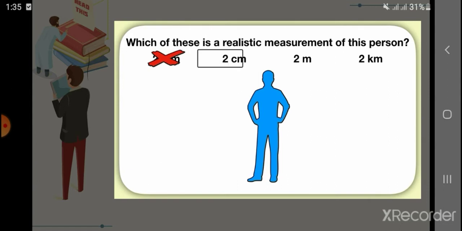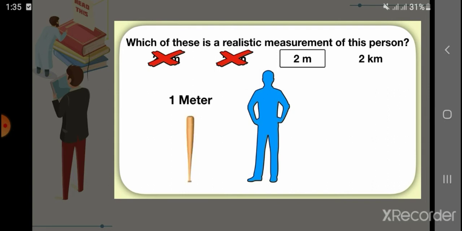How about 2 centimeters? Well, remember that 1 centimeter is about the size of a dime. Is a person about the size of 2 dimes? No, that is still too small. Let's look at 2 meters. Now remember that 1 meter is about the size of a baseball bat.